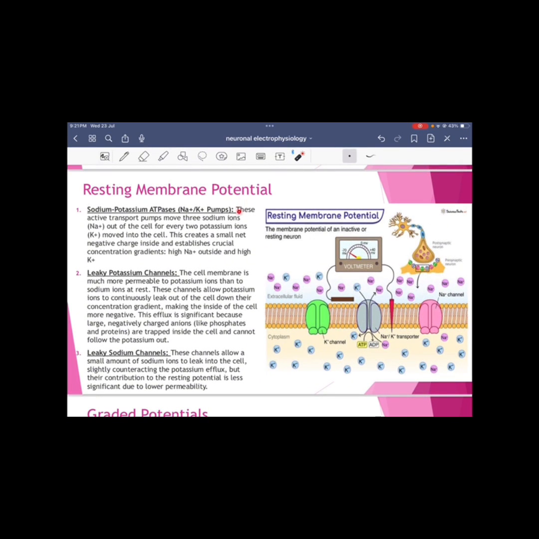So all of those factors together, the sodium-potassium ATPase pump, the leaky potassium channels, and the leaky sodium channels, all contribute to the negative resting membrane potential that is around minus 70 millivolts.